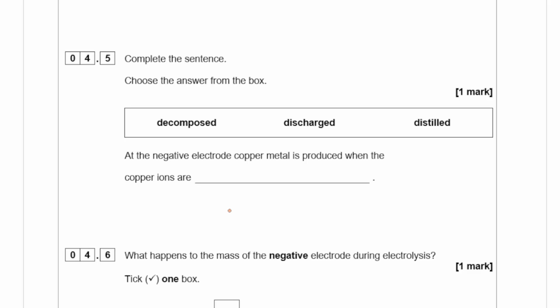Complete the sentence. At the negative electrode, copper metal is produced when the copper ions are discharged. You could say discharged, yes.